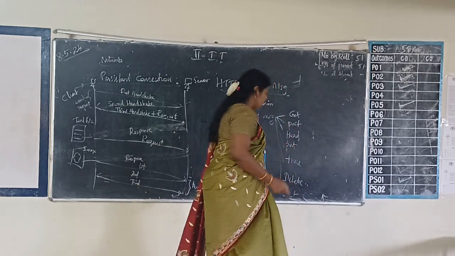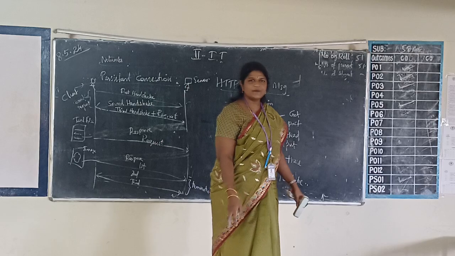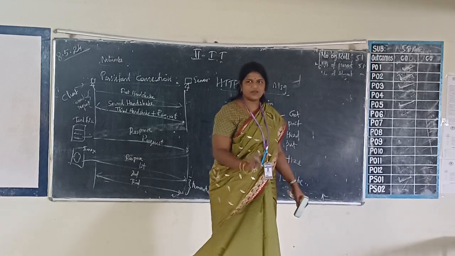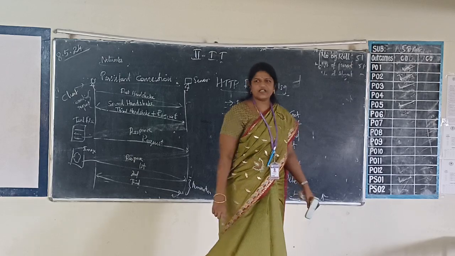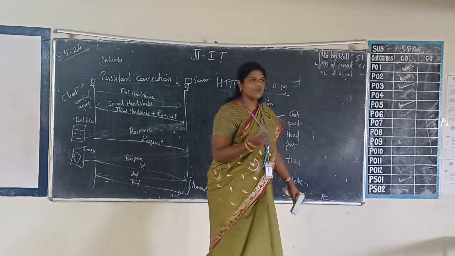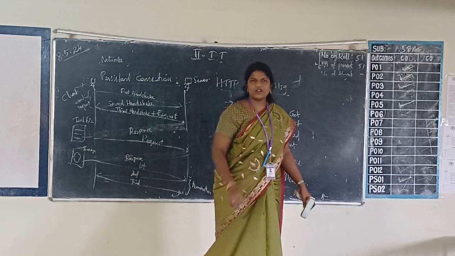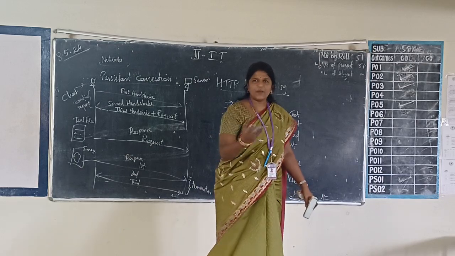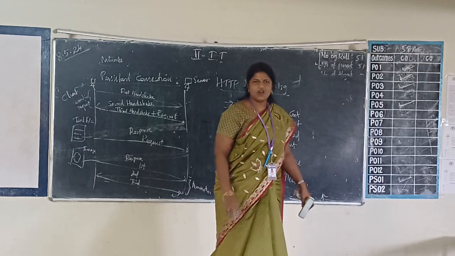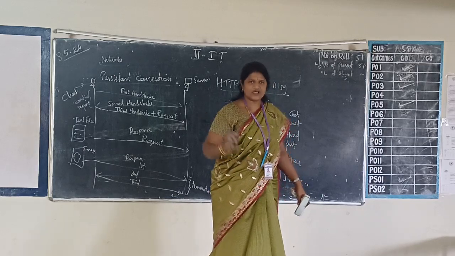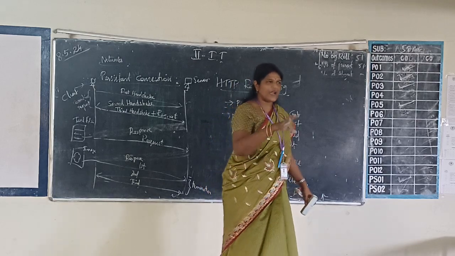So what header information is added? Addresses, then what encoding, what compression technique, and what else? What routing is used, what IP addressing, IPv4 or IPv6, or what protocol is used to transfer. So all the information, the version, everything is added in the header.